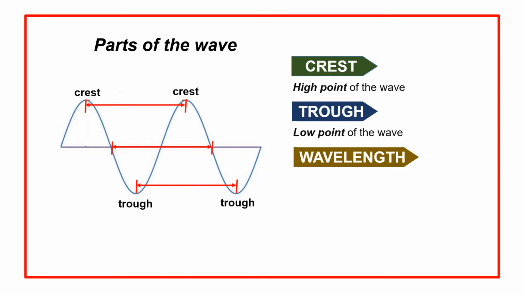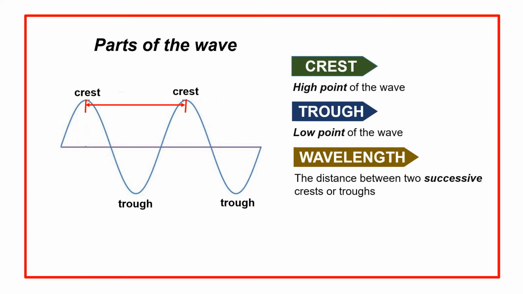We call them wavelength. It is the distance between two successive crests or troughs. When we say successive, it means it happened one after another without a break. So that means from crest to the next crest, and from trough to the next trough, and also in the rest point. We call that wavelength.